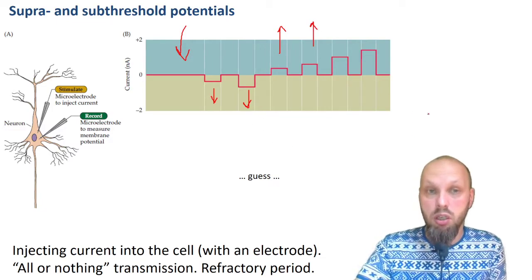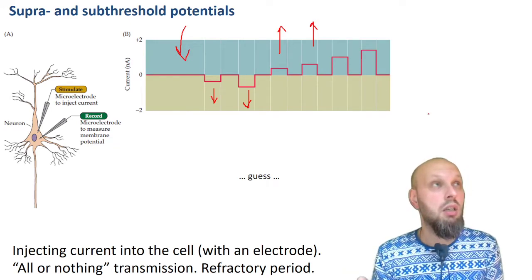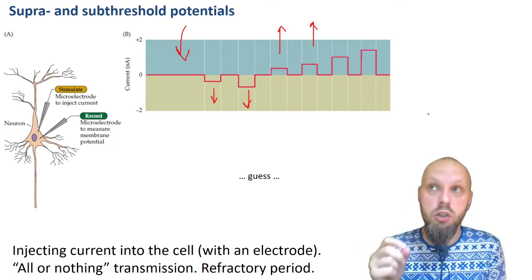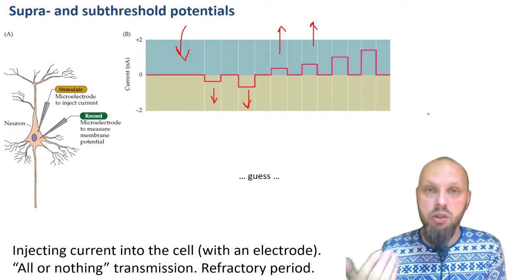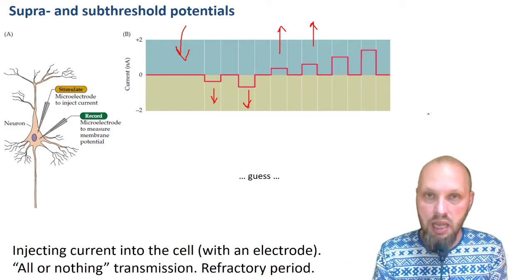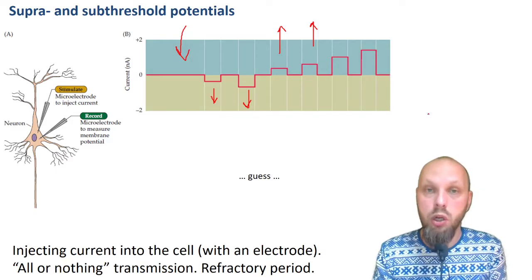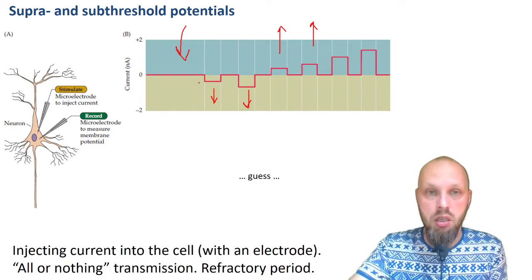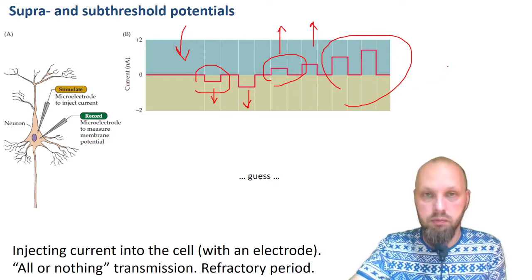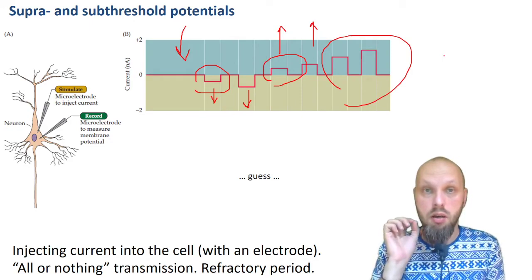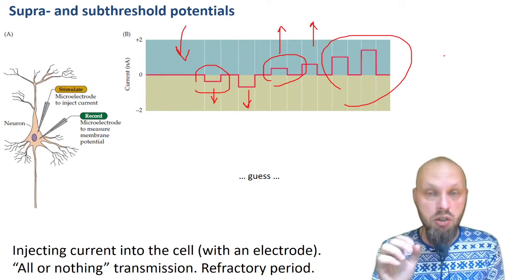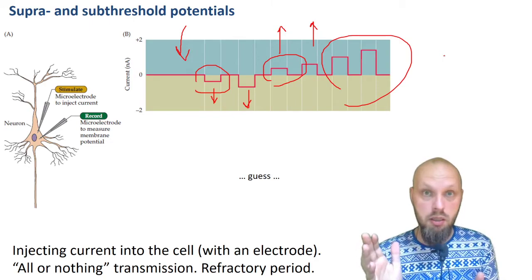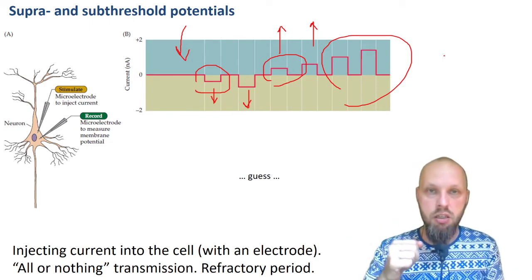If you record the voltage, the membrane voltage, so how the neuron responds to these attempts to change its potential, what will you see? How will the voltage change over time? Here, and here, and here. This is the question. Make your bets, pause the video, ideally take a piece of paper, draw it, and then I'll show you the answer.